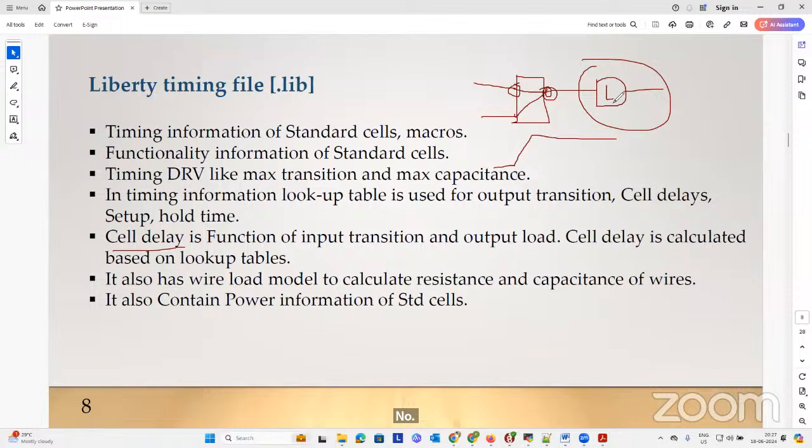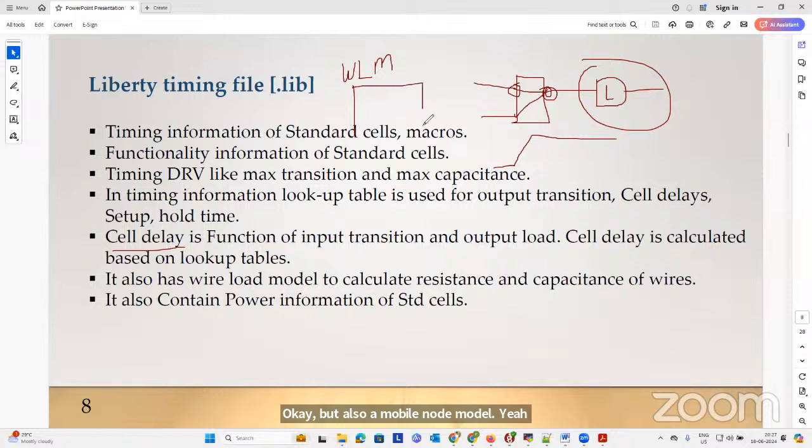There is also a wire load model. Wire load model is nothing but WLM. The wire load model is an Excel sheet or CSV file which will have resistance and capacitance values for each and every net. It also contains power information of the standard cells.